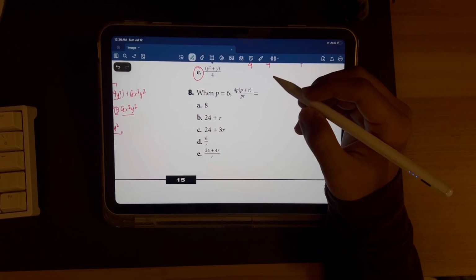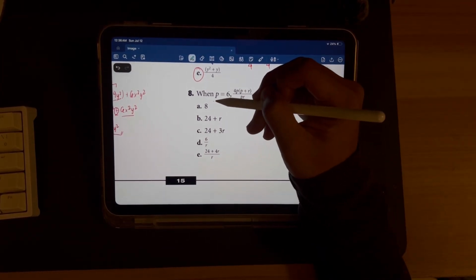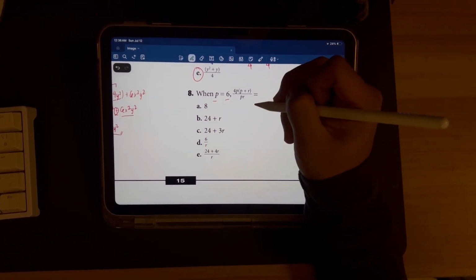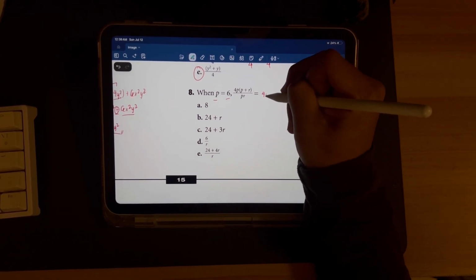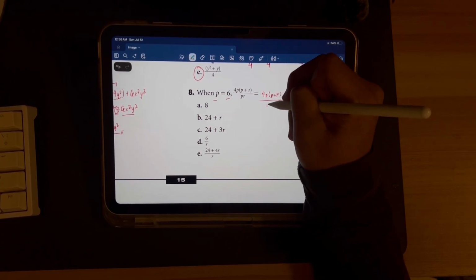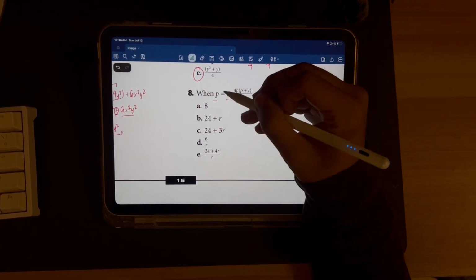Now for the 8th problem or 8th question, we are again asked to substitute a value, which is b at 6. Let us first rewrite the equation for b multiplied by b plus r all over br. And let's replace these b's with 6.